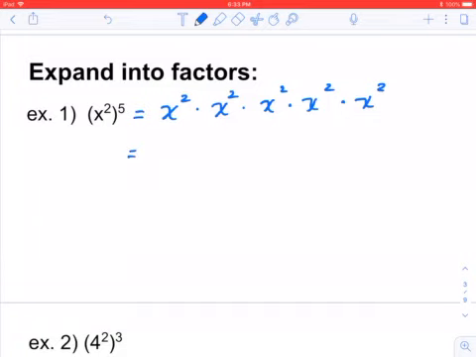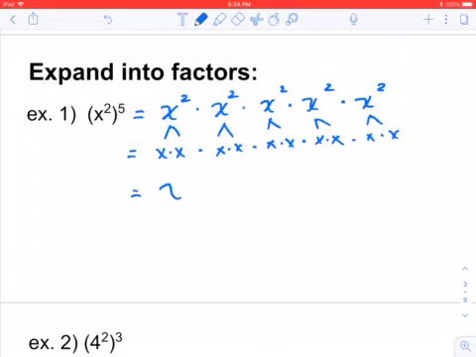Well, we know that would be, for each x to the second, we've got two x's, right? X times x times x times x times x times x times x times x times x times x.